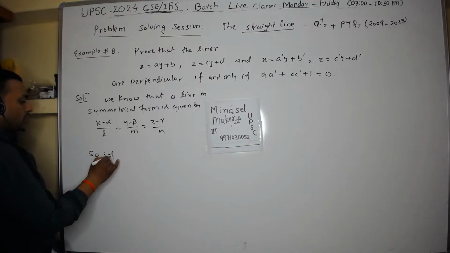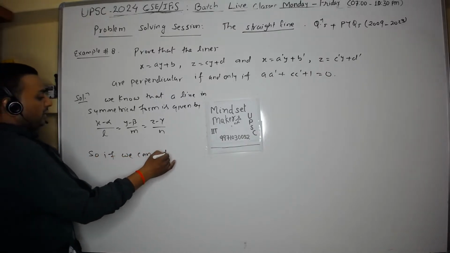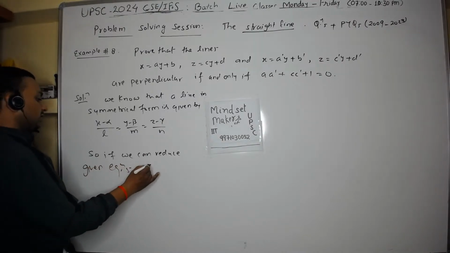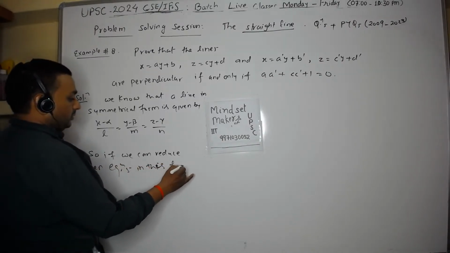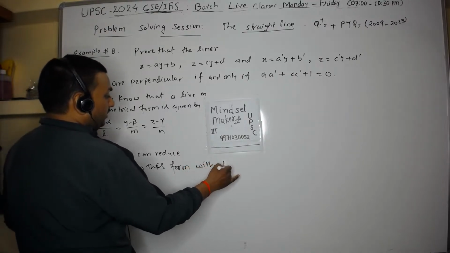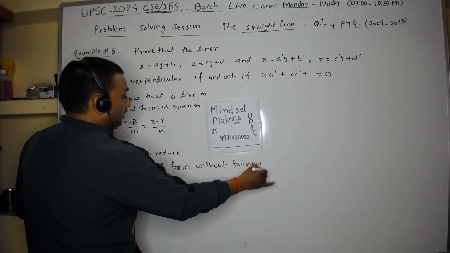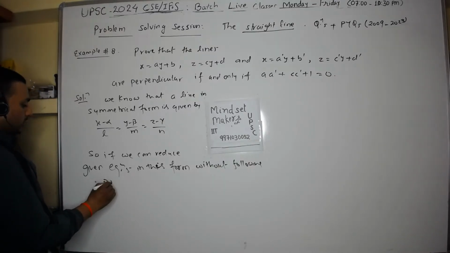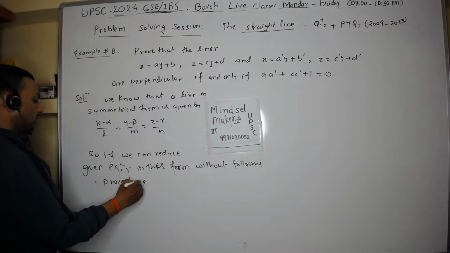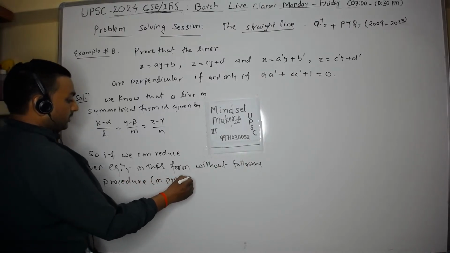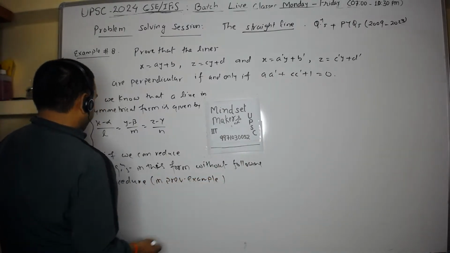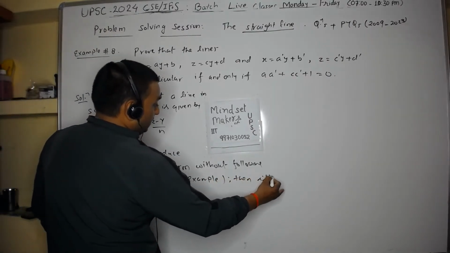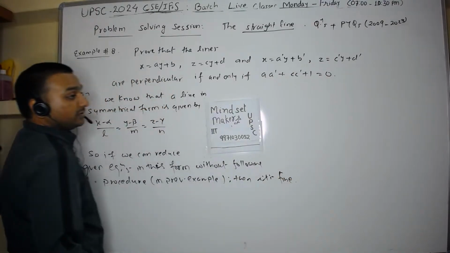So if we can reduce given equations in this form without following the procedure in the previous example, देखिएगा, if we can, then it's fine, means nothing wrong in that.